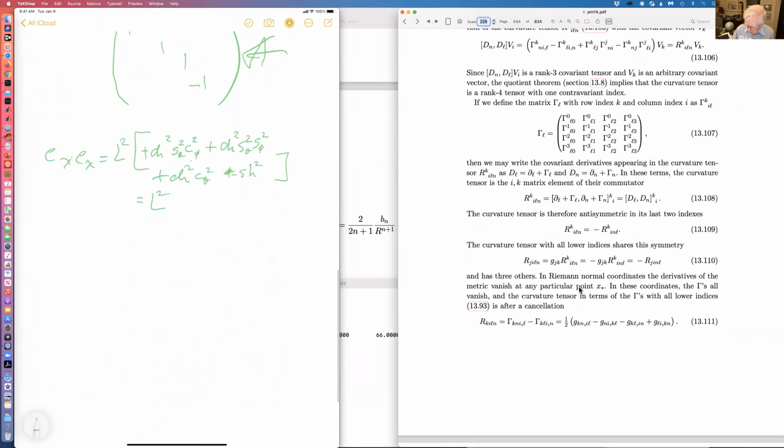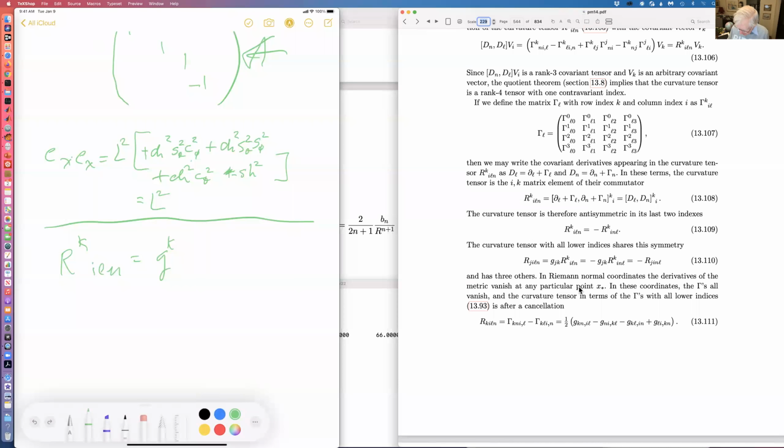Remember in GR, if you have something that is R_{kiln}, then what this is g_{ks}, say, R^s_{iln}, and R^s_{iln} would be given by this expression here.